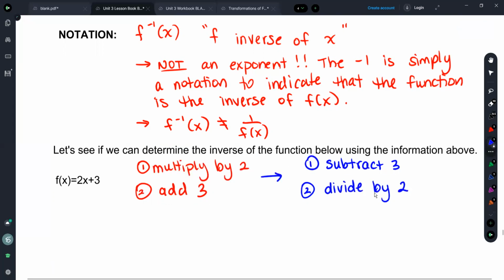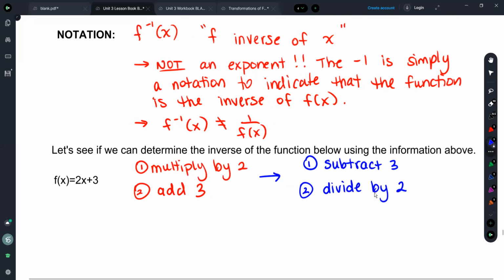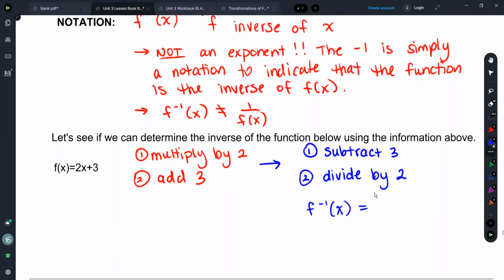We just have to make sure that we set up an equation that works properly with BEDMAS. So f inverse of x. Any ideas what this function might look like if we have to first subtract 3 and then make sure that we divide by 2 last? What would this look like with x in it? Ella, what do you think?